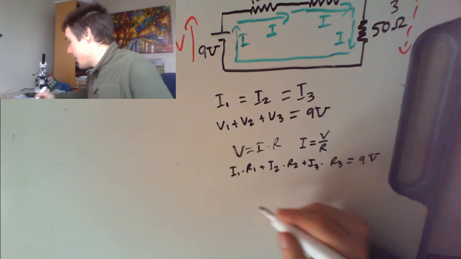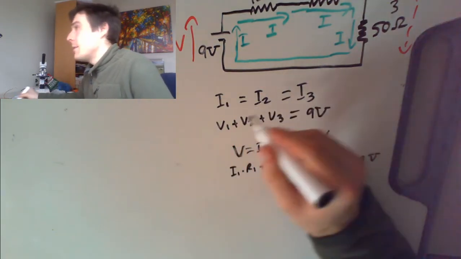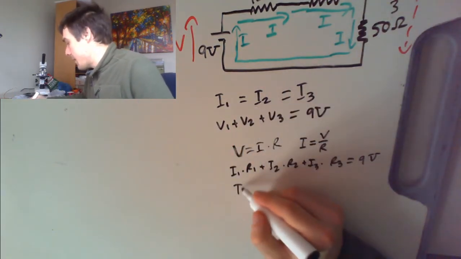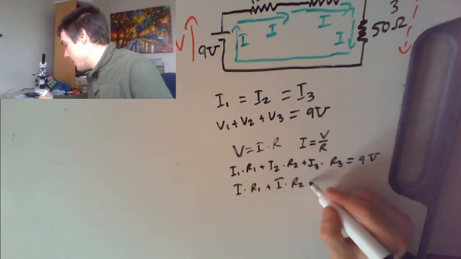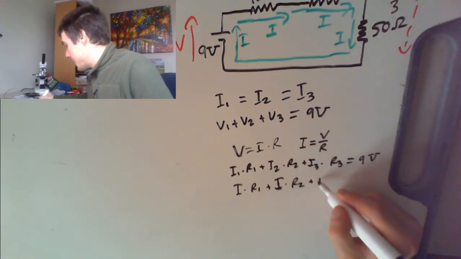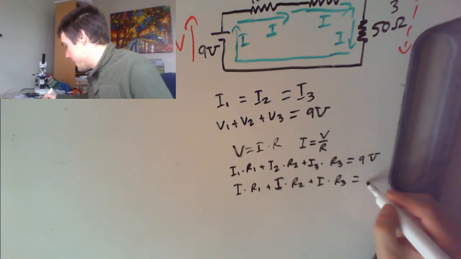But we know that this I is the same for all of them, so I'm going to just call it I. I times R1 plus I times R2 plus I times R3 is equal to 9 volts.